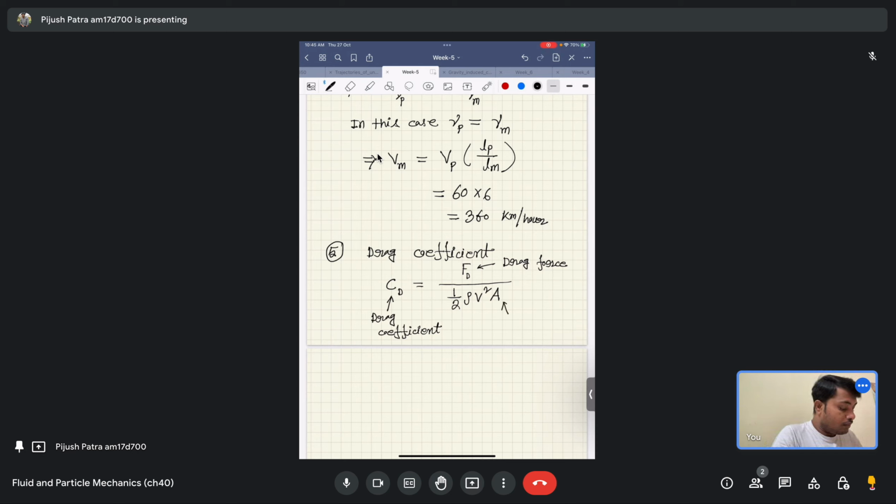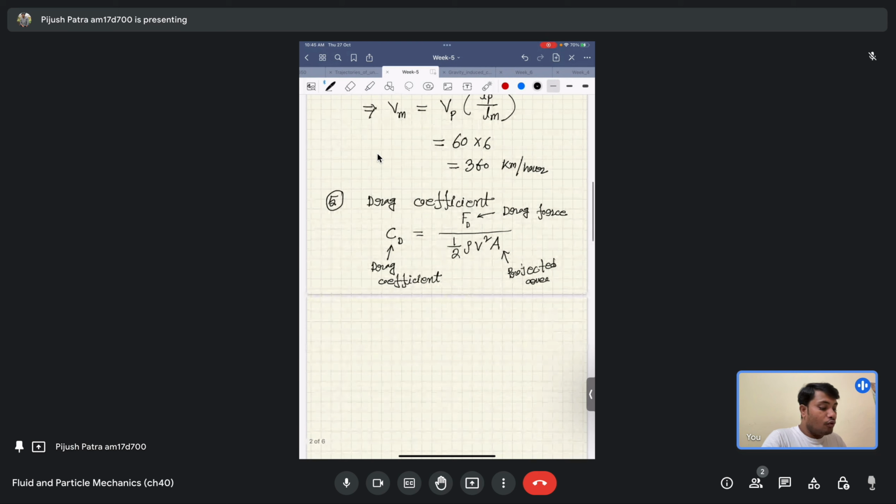This is the projected area, the projected area of the object over which the flow is there, okay.